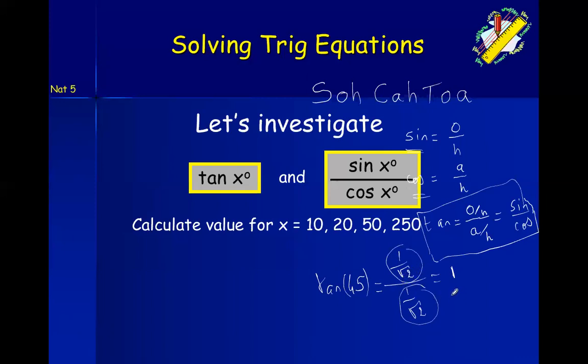If you do cos 45, what is your calculator giving you? Yeah, it gives you √2/2, which is the same thing if you rationalize the denominator. So √2/2 divided by √2/2 is 1. No matter what angle you pick, we'll always get this.